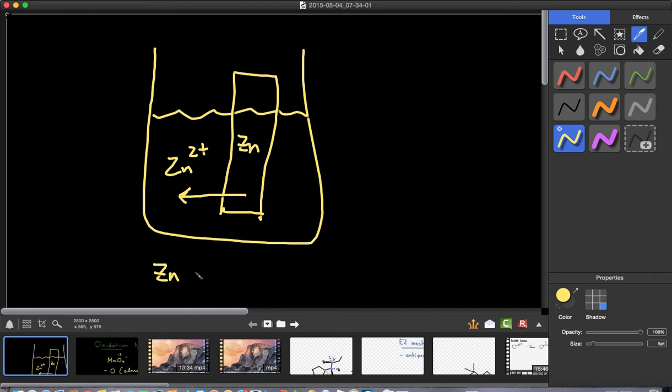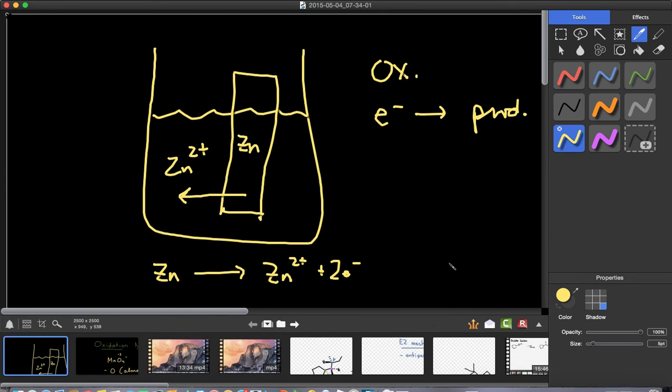Zinc will be converted to zinc 2 plus and 2 electrons. Notice this is oxidation, and our electrons are a product. This is called the anode.